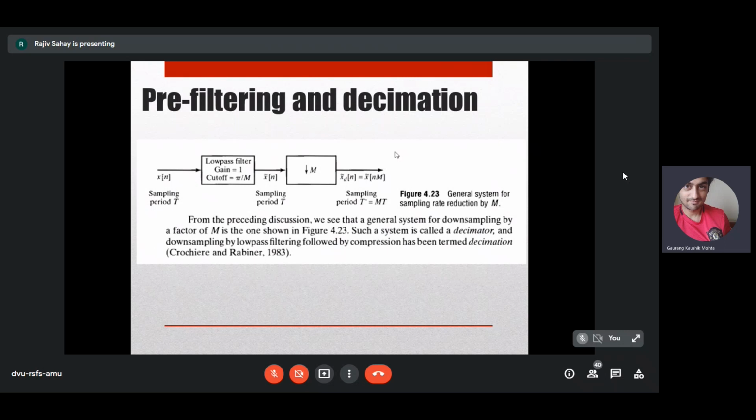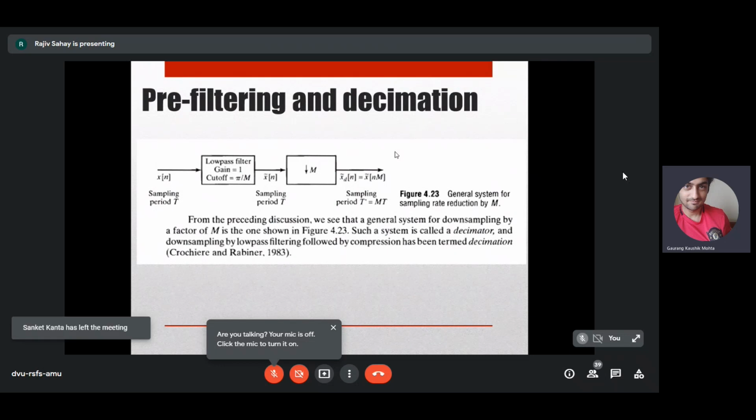How many of you use mobile phones in which you have optical zoom, and then digital zoom? Have you seen in your mobile phones while taking a picture that there is some optical zoom and then there is digital zoom? How many of you know about it?